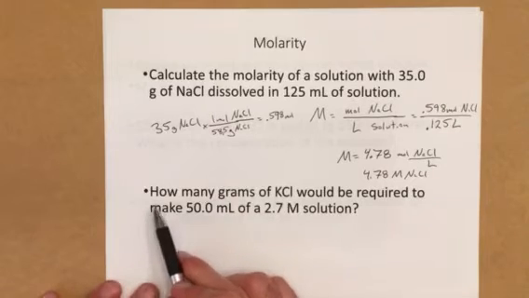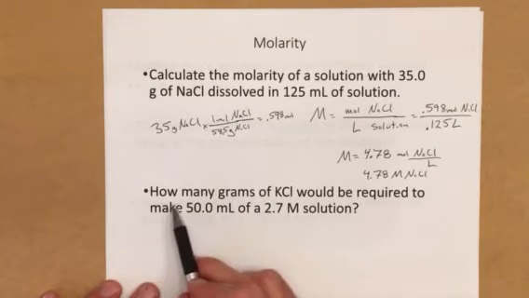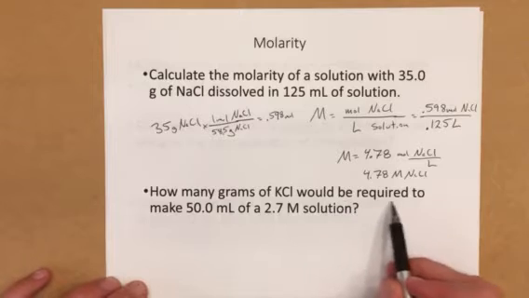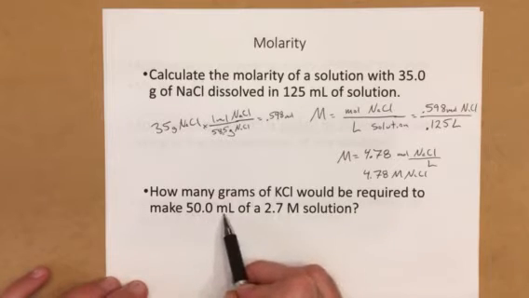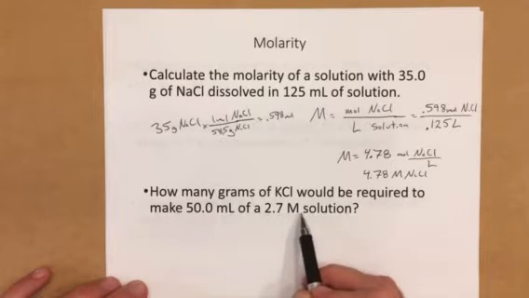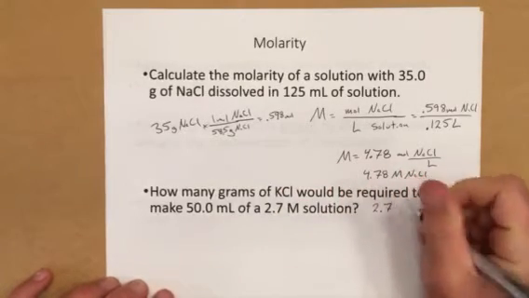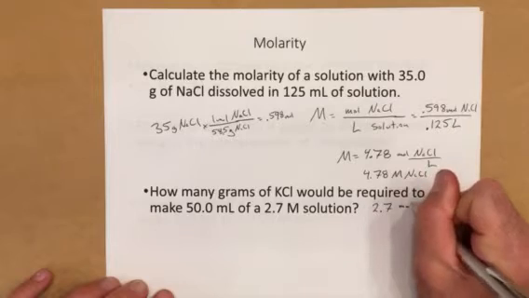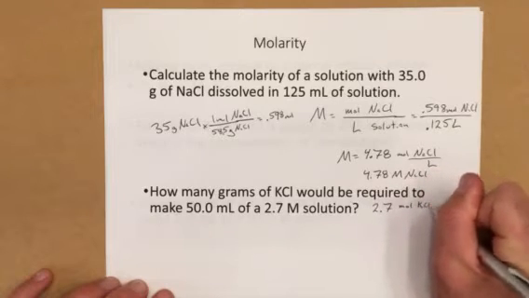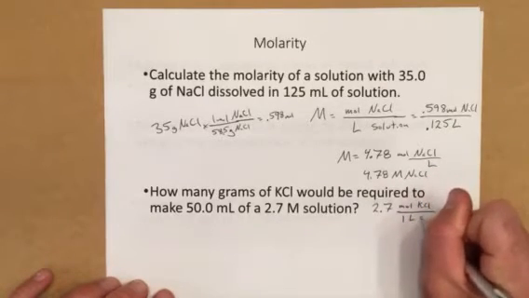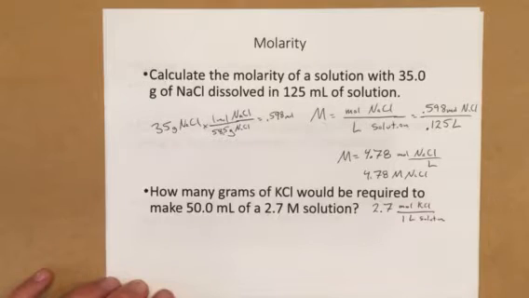Here's another one, solving for a different variable. How many grams of potassium chloride would be required to make 50 milliliters of a 2.7 molar solution? So 2.7 molar means the same thing as 2.7 moles of KCl for every 1 liter of solution.